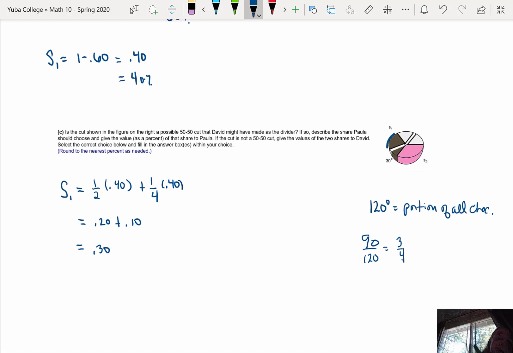So this should be 3/4 times, and so 3/4, 4 goes there, that's 0.30, which is 50%. Okay, so this was a 50-50 split for David.